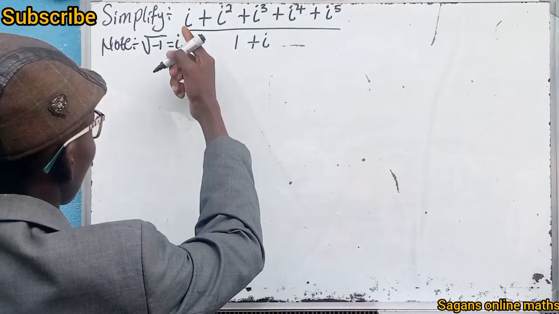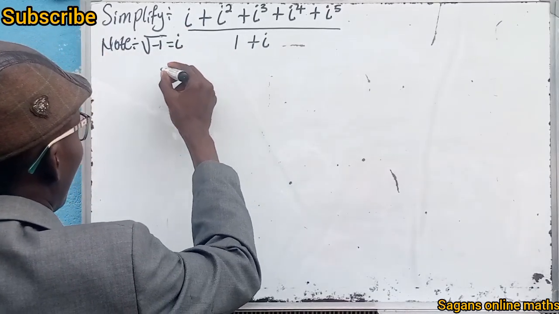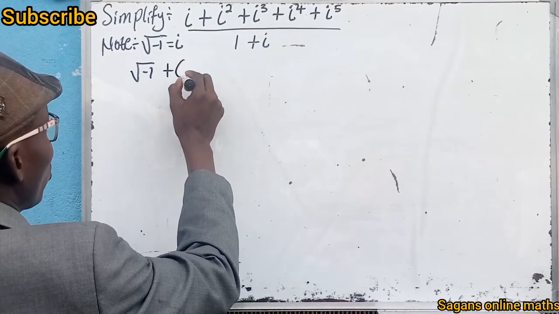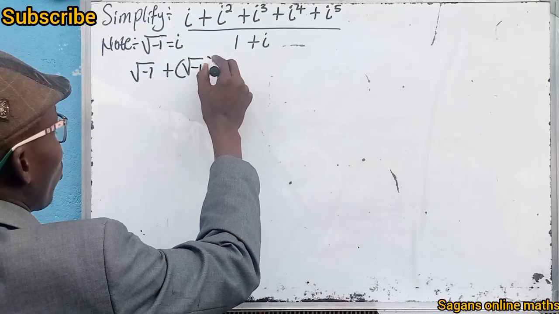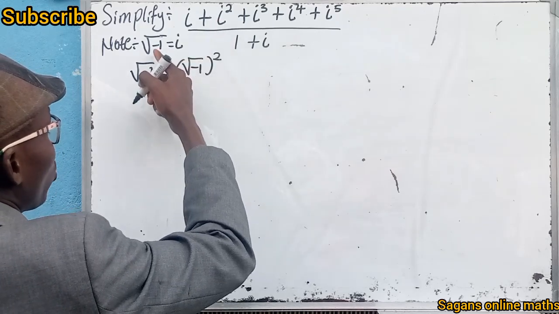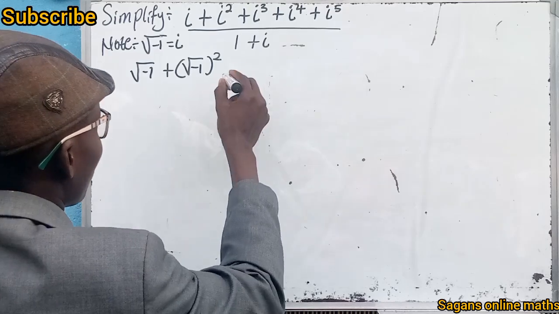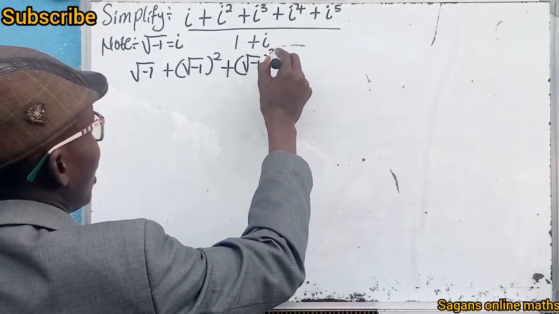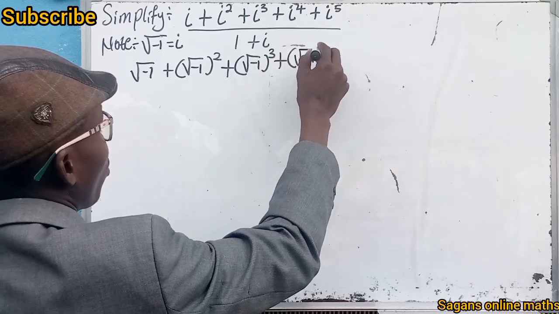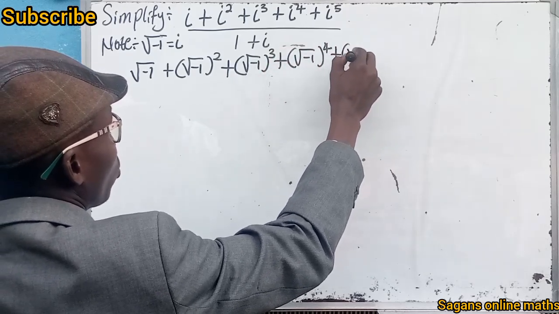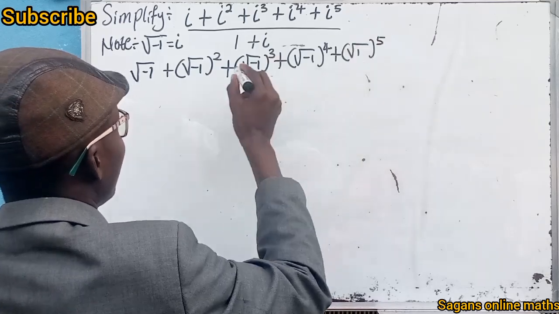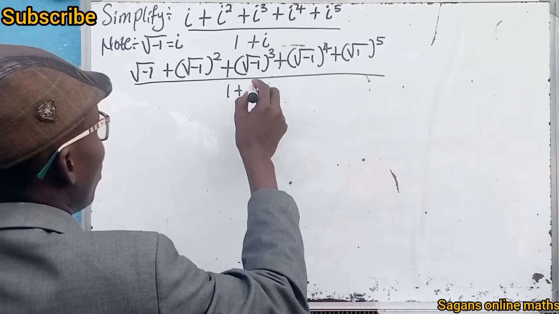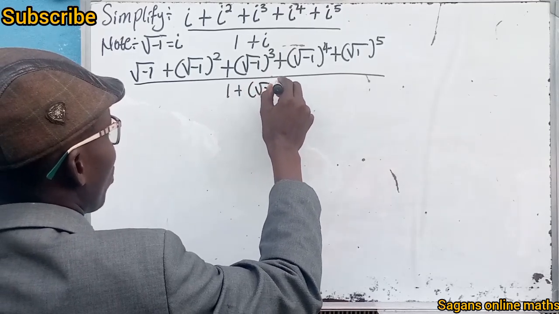So in place of the imaginary unit here, I will say root -1, plus root -1 all squared, because this imaginary unit simply means root -1, then plus root -1 raised to the power 3, plus root -1 raised to the power 4, plus root -1 raised to the power 5, divided by 1 plus root -1.